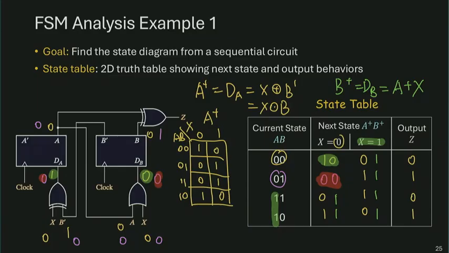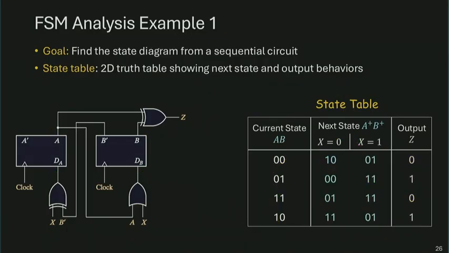And the state table is really a K-map for two functions simultaneously. Here's a better picture. In general, we do A plus using one set of K-maps. We do B plus using a different set of K-maps, and that allows us to quickly fill out those 4 columns.